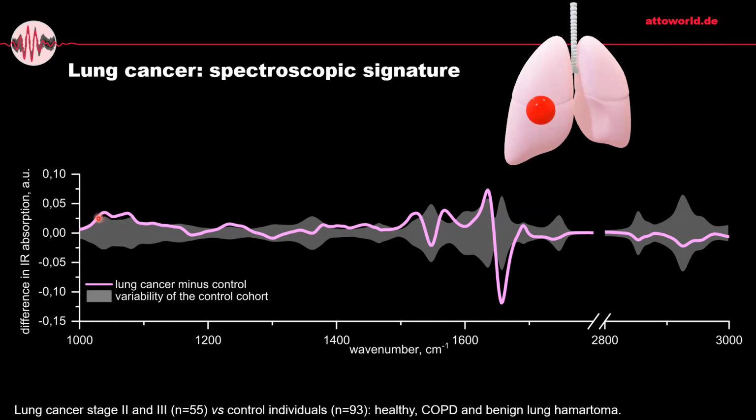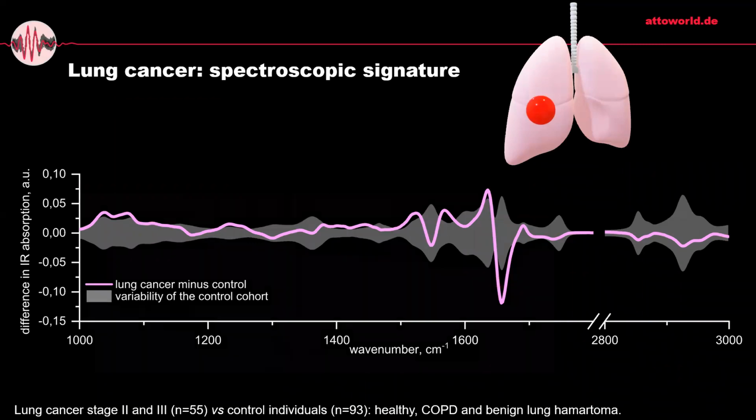But you can see that there are areas where the spectra of lung cancer step out of this variability. And these are the areas that allow us to identify the patients. However, from this graph, we do not know which exactly proteins are responsible, as I just said, for this signature.